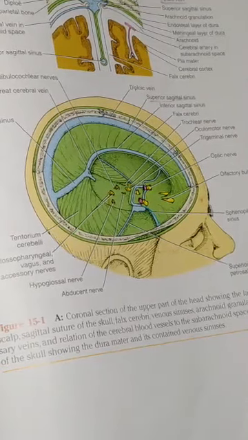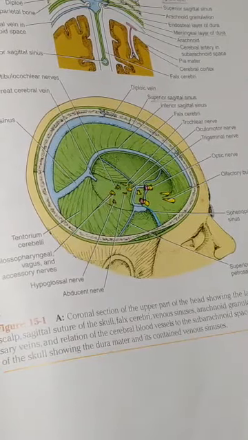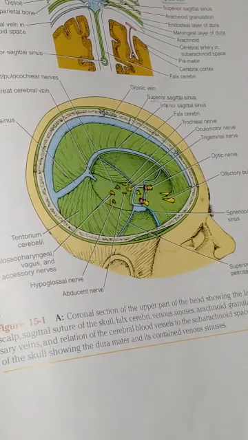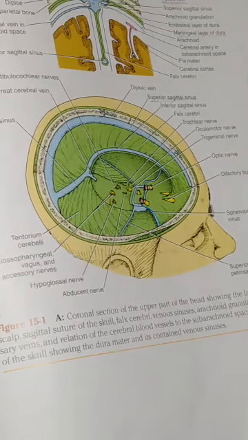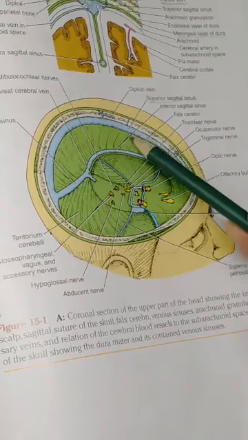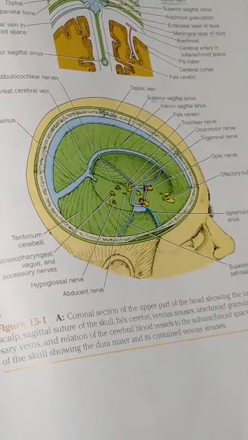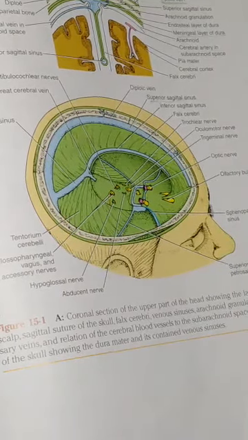So again, I mentioned already two types of hemorrhage: extradural hemorrhage, and the other one, which is lesser and not so fatal compared to middle meningeal rupture. We call it the subdural hemorrhage or hematoma.